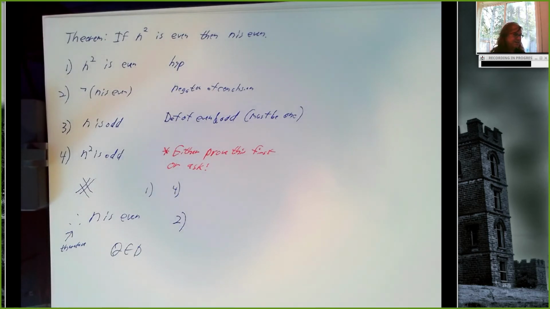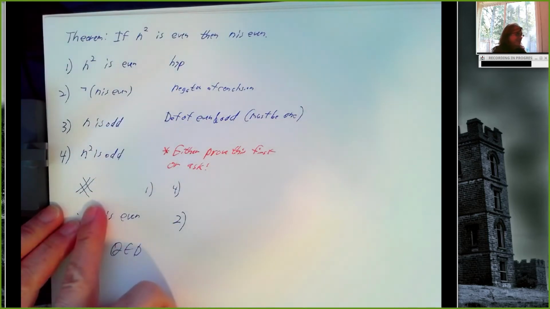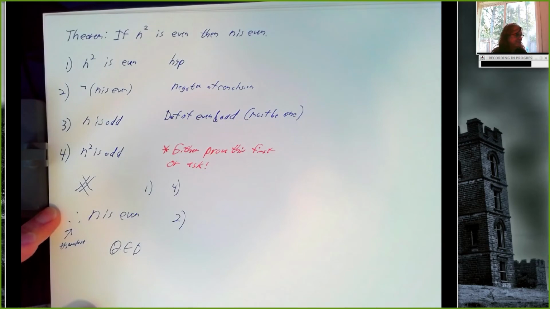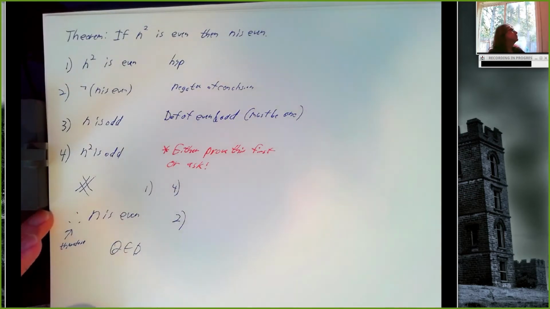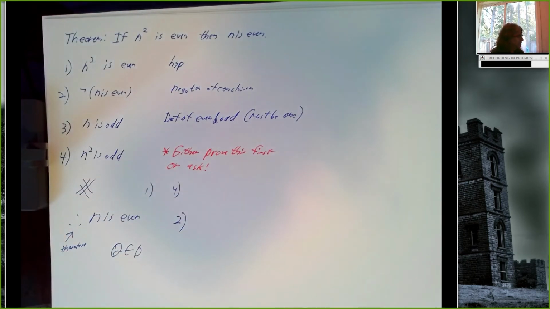And that's the whole secret to the indirect proof. We are showing n is even by showing that if n is not even, something ridiculous happens. And so n must be even. Does that make some sense? Yeah, that makes sense.